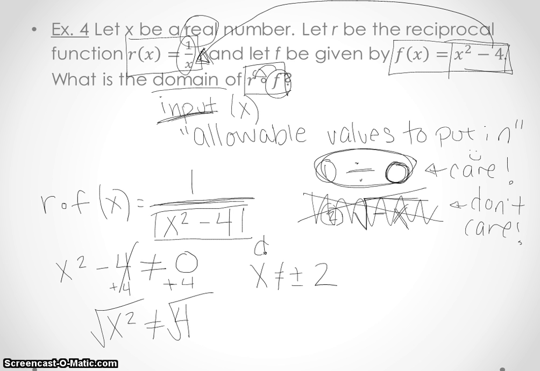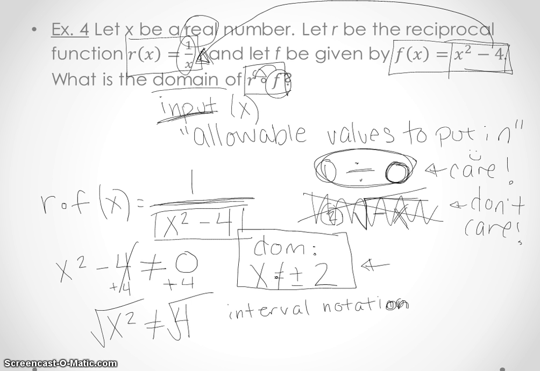So if you want to leave it as such, that is our domain. X cannot be plus or minus 2. Now if you wanted to write it in interval notation, it's way easier to just leave it like that. And that's fine. X cannot be plus or minus 2. That's a domain. You're telling me what I'm not allowed to put in there.